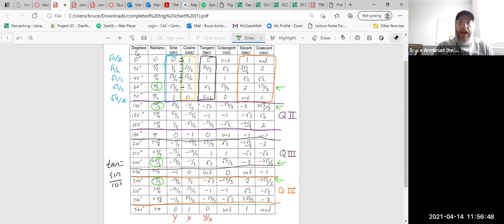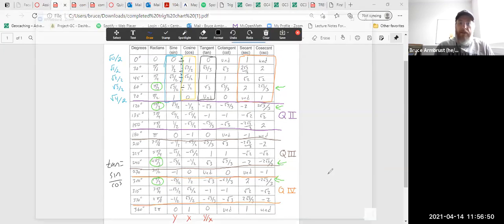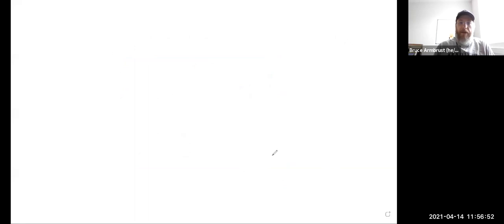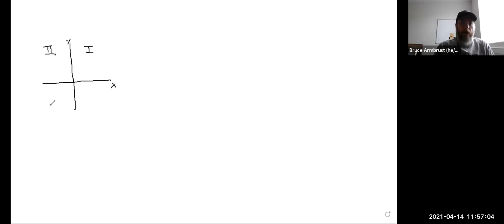All right, well, what that does is that gives us a nice little mnemonic device. And let me share that with you real quickly here. So again, remember these are quadrants 1, 2, 3, and 4, right? In that order they go, again, counterclockwise.